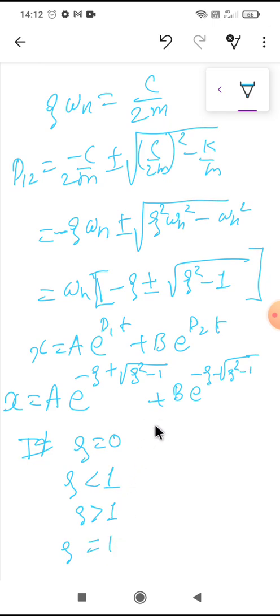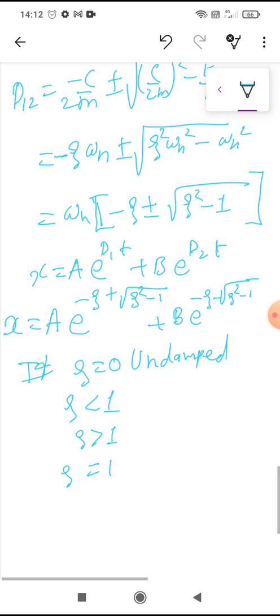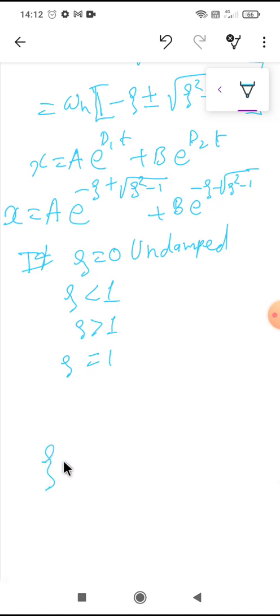If zeta is equal to 0, we call it undamped vibration. As we know, zeta is C by Cc, so if it is 0, then the damping coefficient C will be 0. It means that there is no damper. It is an undamped system.